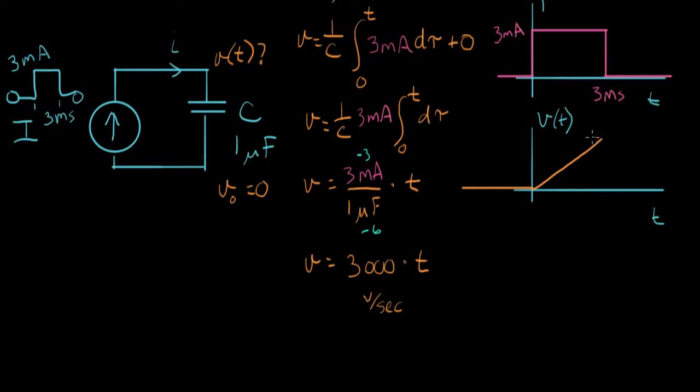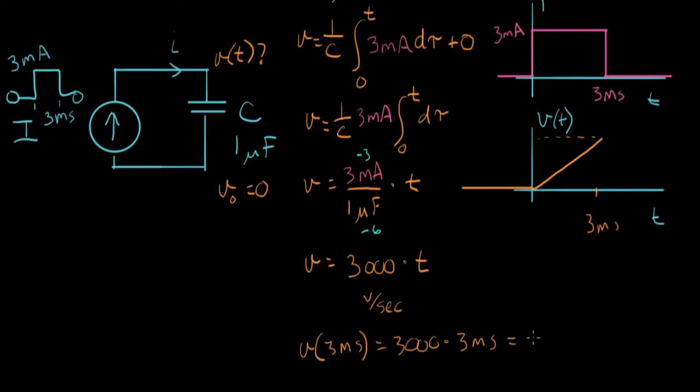And we can ask, what's this value right here? What's that voltage right there? Okay, let's work that out. T is 3 milliseconds, so let's plug in 3 milliseconds right here. V at 3 milliseconds equals 3,000 times 3 milliseconds.